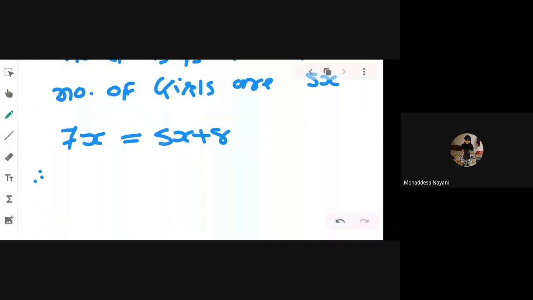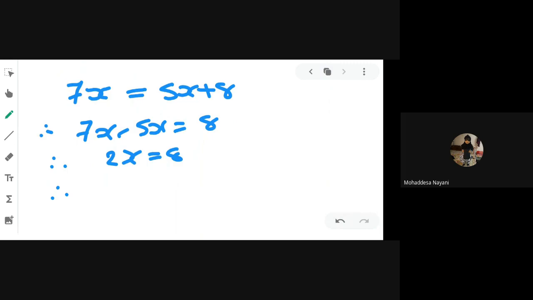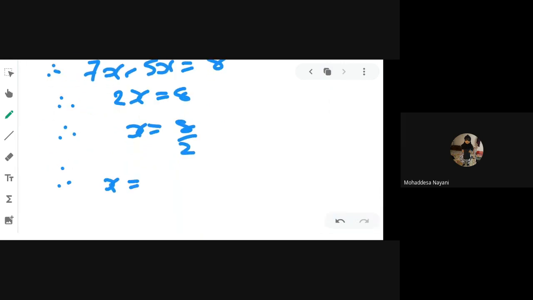So we take 5x to the left side. We get 7x minus 5x, 2x is equal to 8. So x is equal to 8 by 2, and we get x is equal to 4.